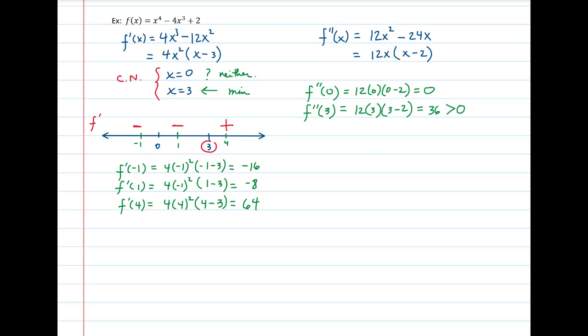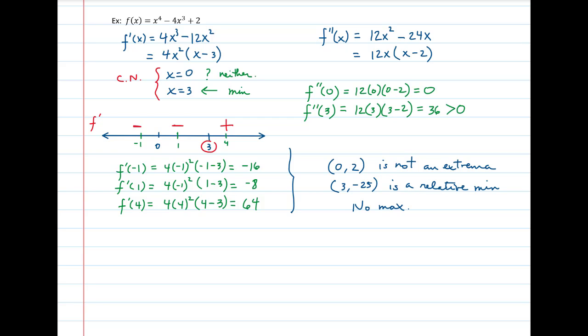So we have a relative min right there, right? That confirms what we already knew. And for x equal to 0, there's no extremum. So we can formally say that the point (0, 2) is not an extremum, and the point (3, -25), which is the y value there, is a relative min. And of course, there's no max for this particular function. There you have it.